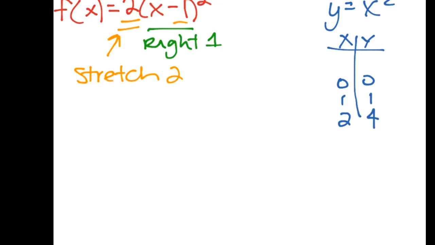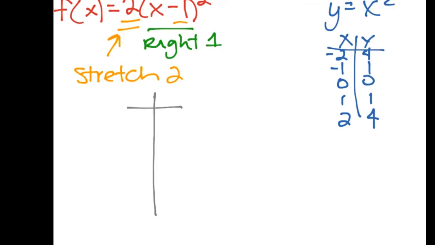However, you also want a little bit of both sides. So, I'm going to do negative 1, which is 1, and negative 2, which is 4. We're going to utilize this parent function graph in order to come up with the new function's graph.